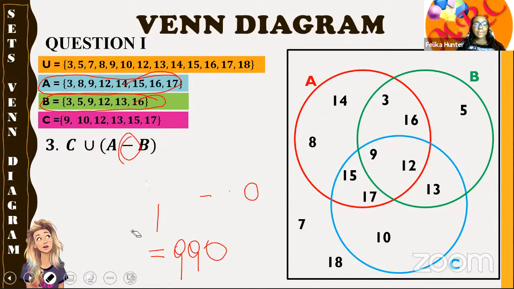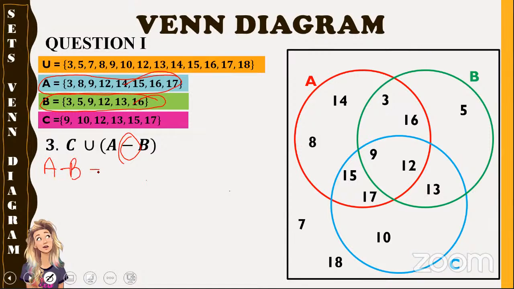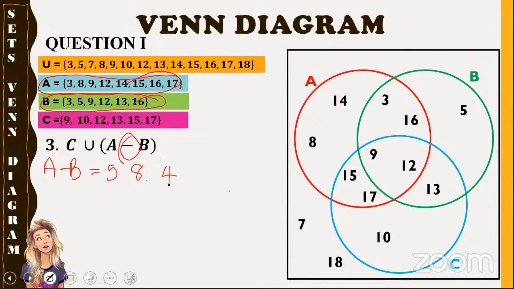What would A minus B be? 5, 8, and 14. So I hear 5, 8, and 14. Is that correct?